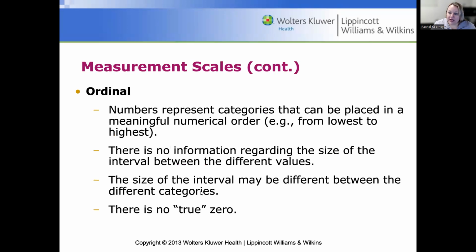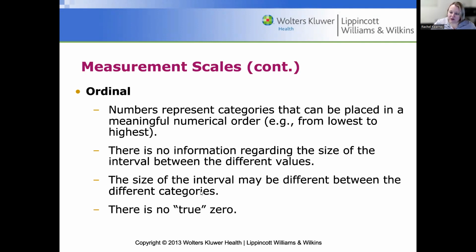Ordinal variables represent categories that can be placed in some type of numeric order, so lowest to highest. We don't really know the size of the interval between the different values, so we might say 1, 2, 3, 4, but the space between 1 and 2 might be different than the space between 3 and 4.